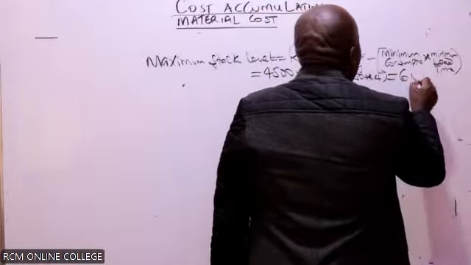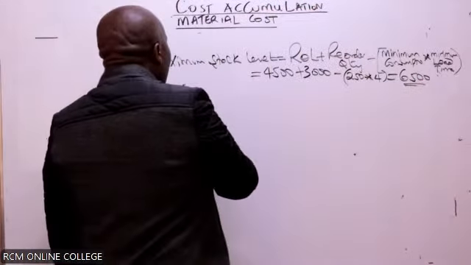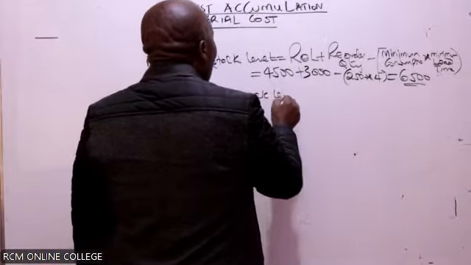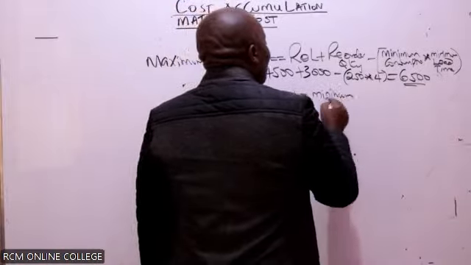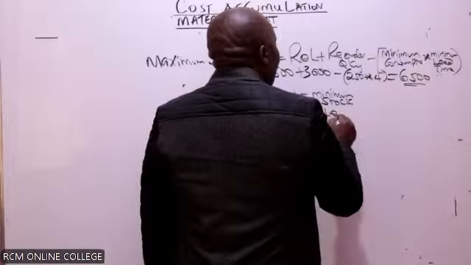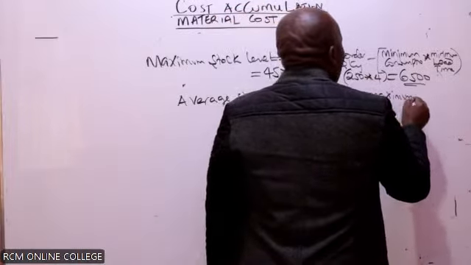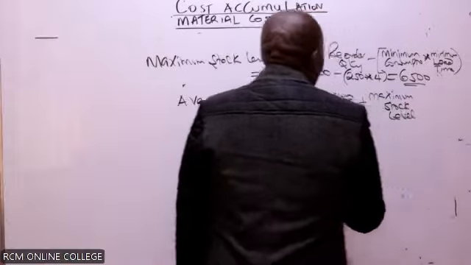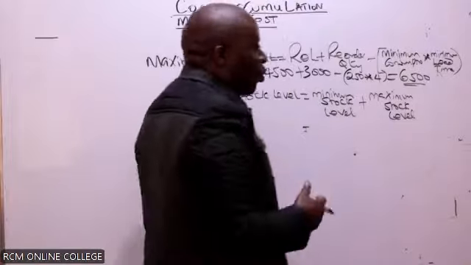They never asked this, but assuming they wanted me to give them average stock level, I would have taken minimum stock level plus maximum stock level. Is there somebody who can remind me what our minimum stock level was?